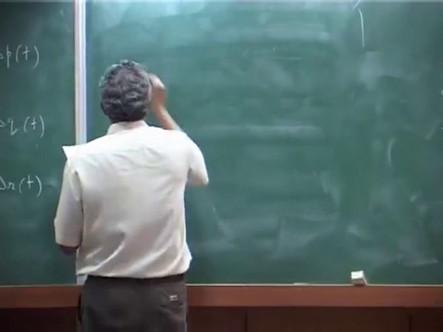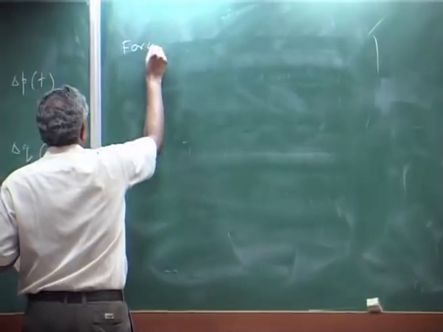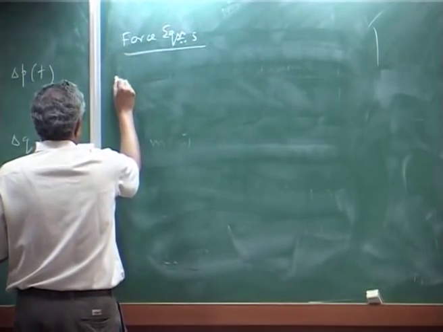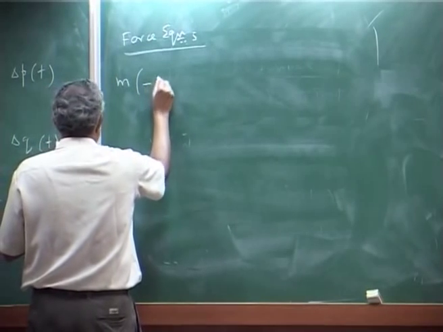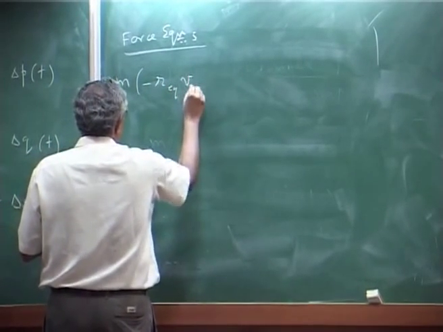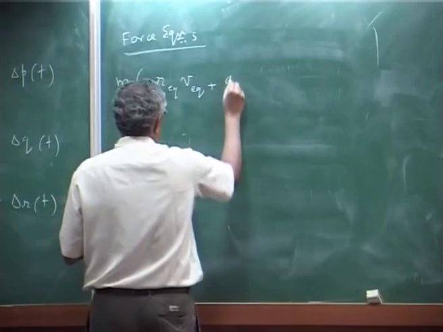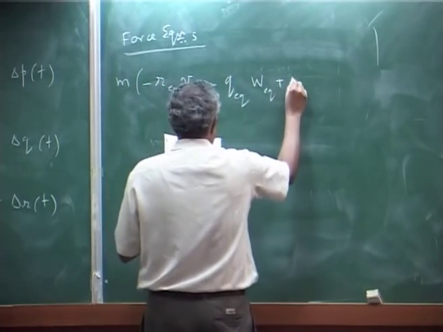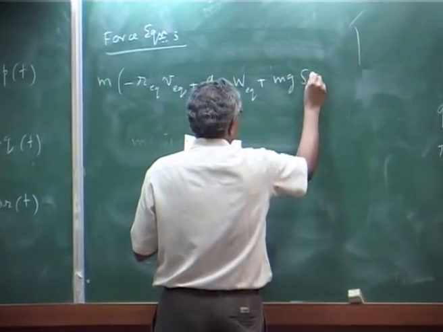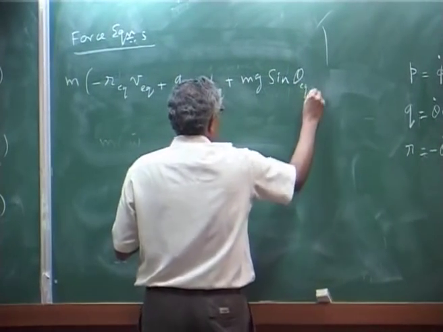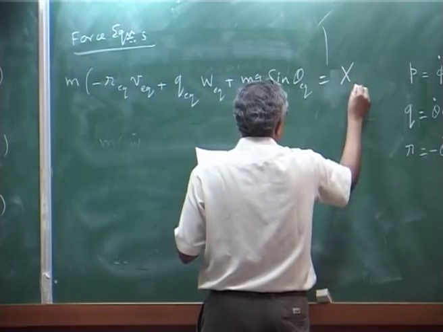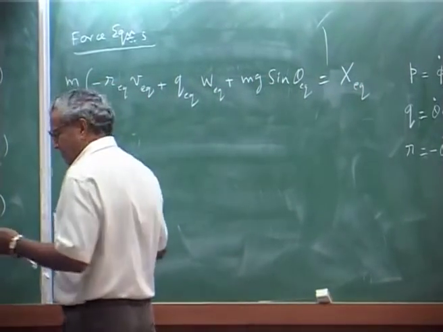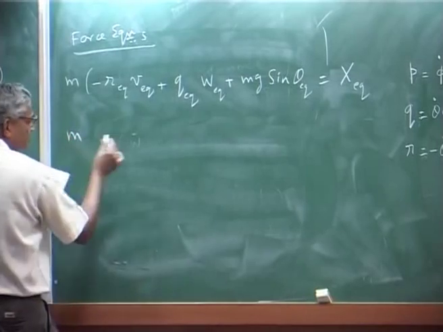This is force equation: m times minus r equilibrium v equilibrium plus q equilibrium w equilibrium plus mg sin theta equilibrium is X equilibrium, that is the force along x direction, the equilibrium force, that means the steady state force.